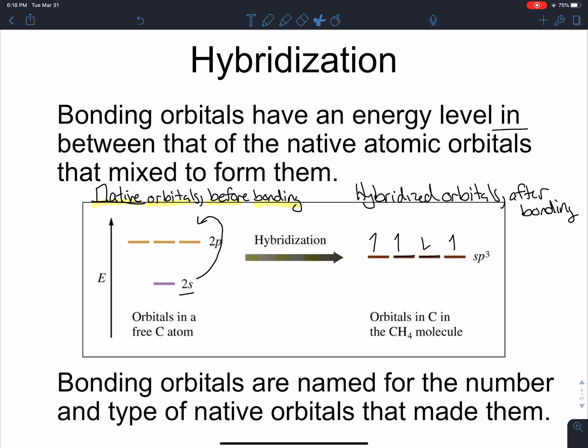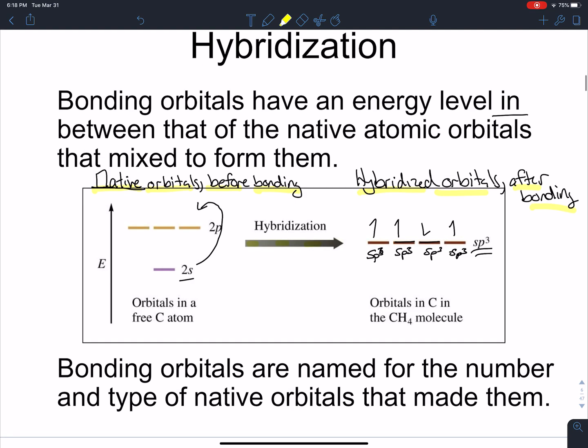And the new type of orbital will be called an sp3 orbital. Are these s's? No. Are they p's? No. Each one of these is an sp3, sp3, sp3, sp3 orbital. Those are the hybrid orbitals, the new types of orbitals that are formed after bonding, according to this theory.